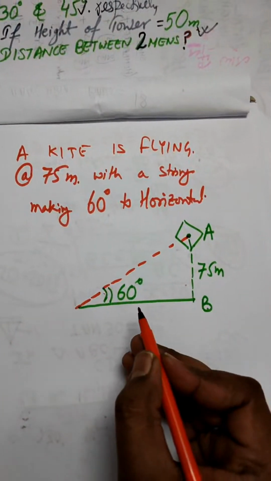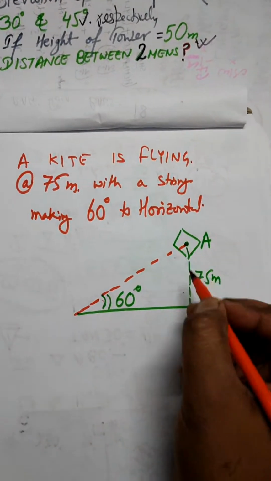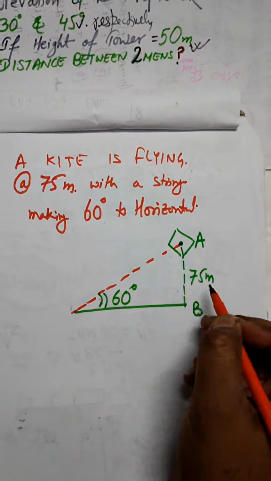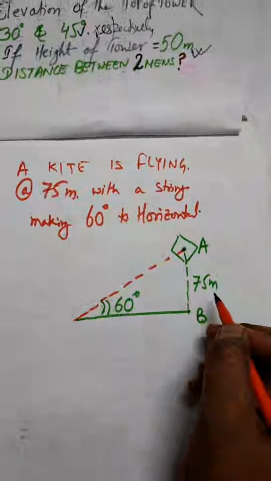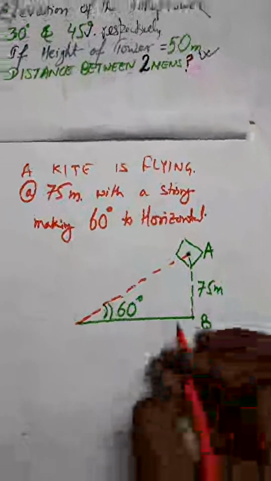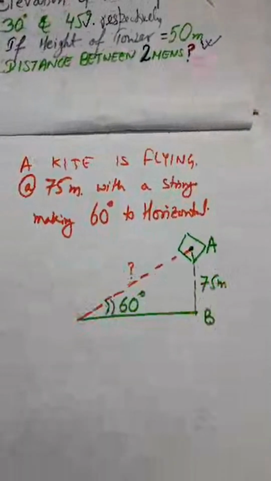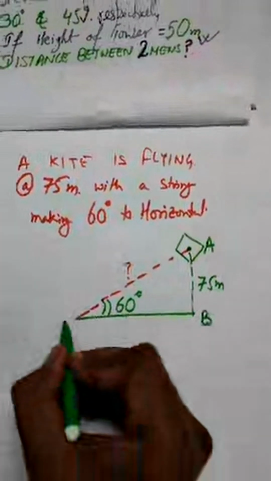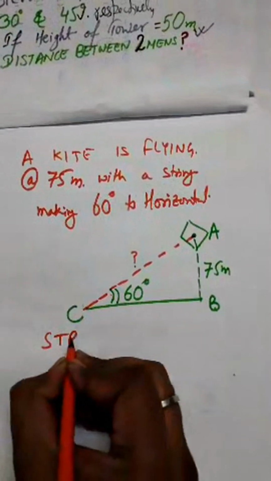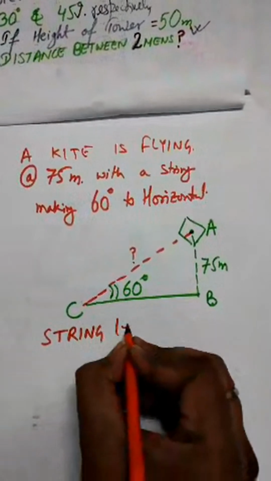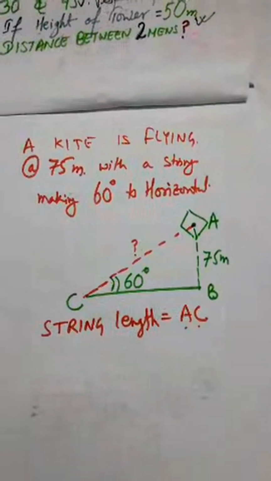So if this is 60 degrees and the kite is at a height of 75 meters, then what we need to find is the length of the string. Let us say the length of the string is AC.